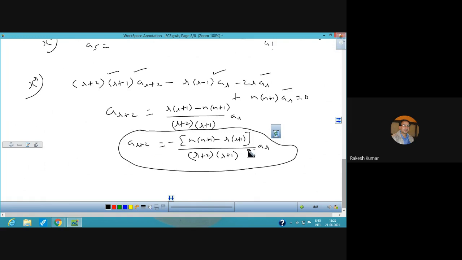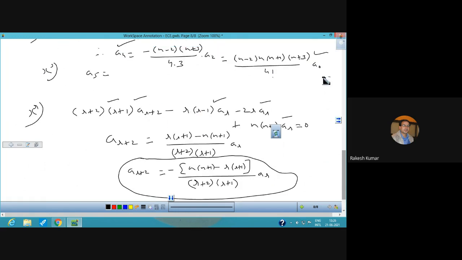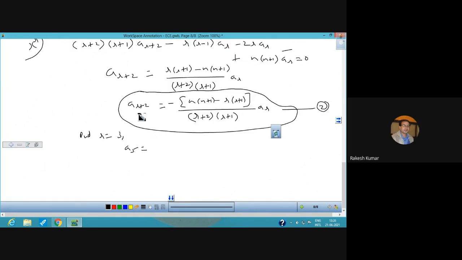Now, we had found the coefficients up to a4. You just see we have been able to find out the coefficient up to a4. Now the recurrence formula is the formula which will be able to give the coefficients as many as we require. So when you put r is equal to 3 here, you will have the coefficient a5, and your coefficient will be minus n into n plus 1 minus 3 into 3 plus 1, 4, that is 12. 3 plus 2 will come out to be 5, and 3 plus 1 comes out to be 4.